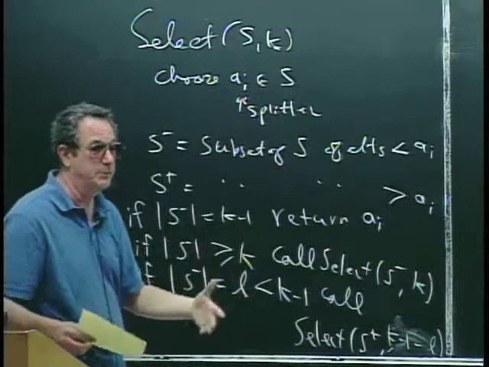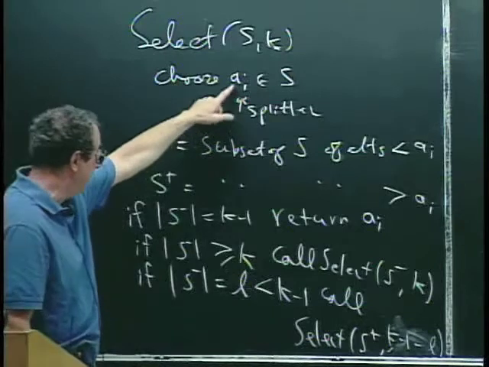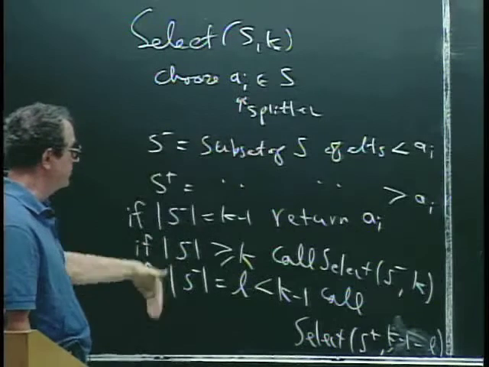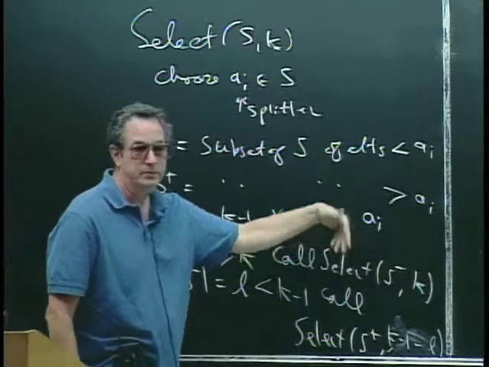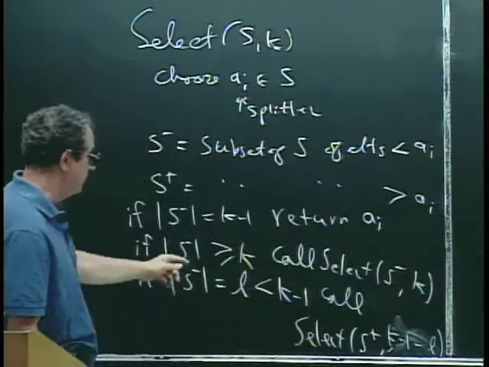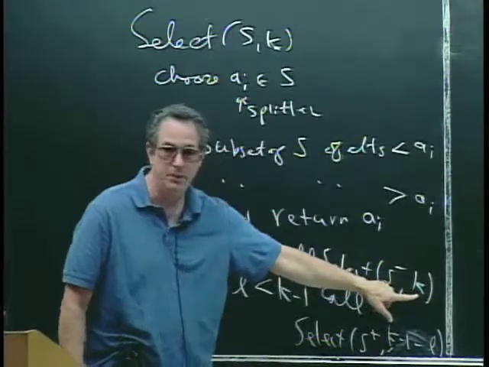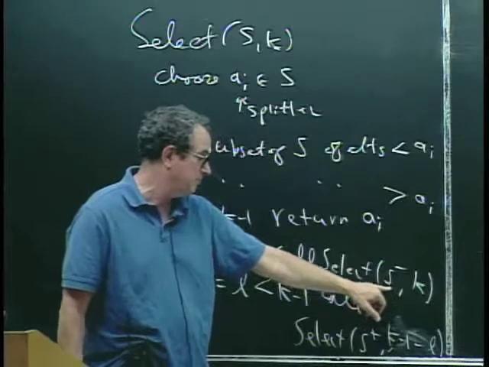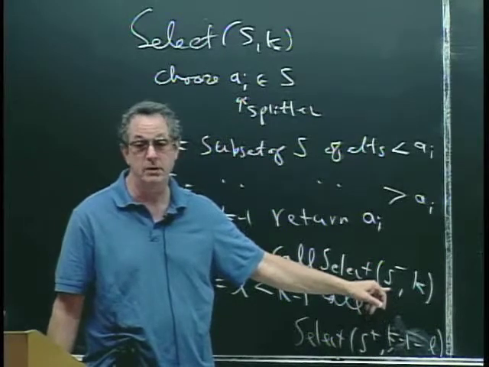You just don't happen to observe that, and you're unlucky enough that that happens. And when that happens, then at each recursive call, a_i is the only element that gets removed. And so you're going to continually call select with S minus only being one smaller than it was the last call.